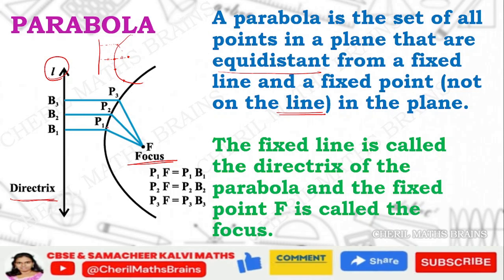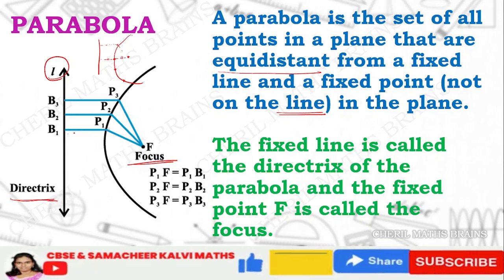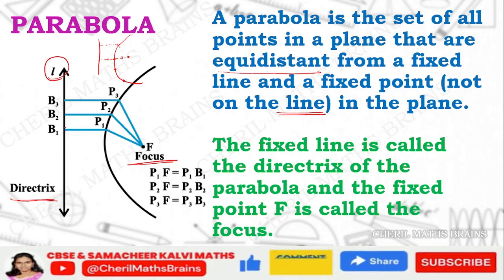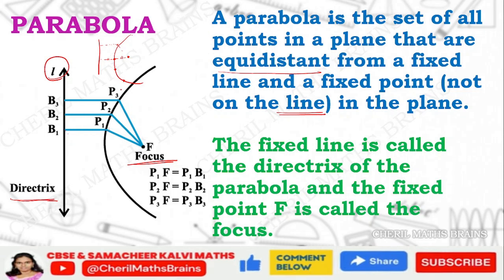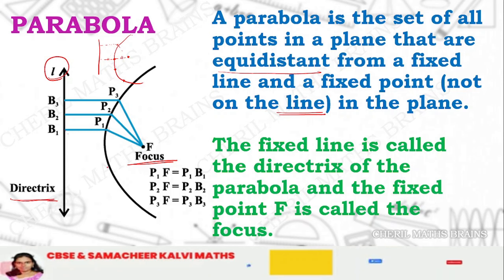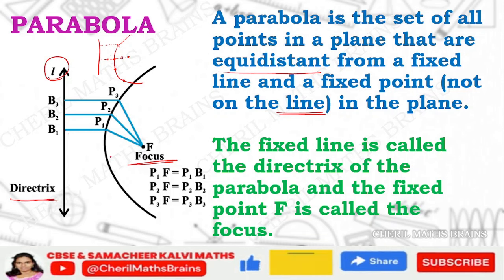P1F will be equal to P1B1. These points are plotted in such a way that they are equidistant from both the directrix and the focus. When you get a few points and join them, you get the shape of a parabola. Is it clear children? So this is how we get the parabola.